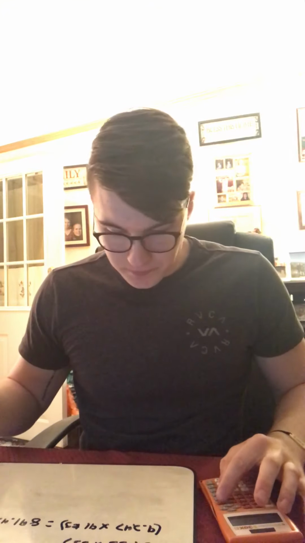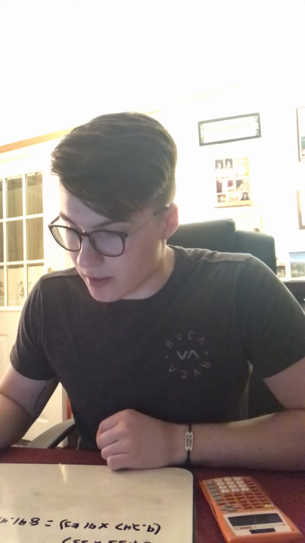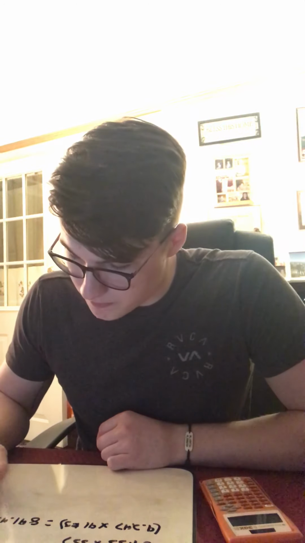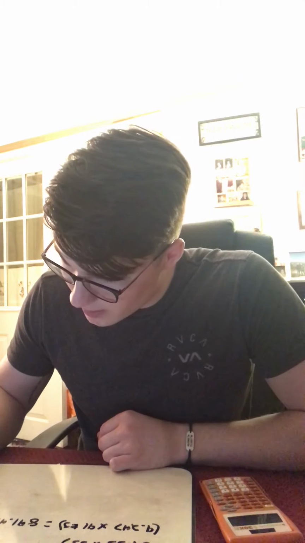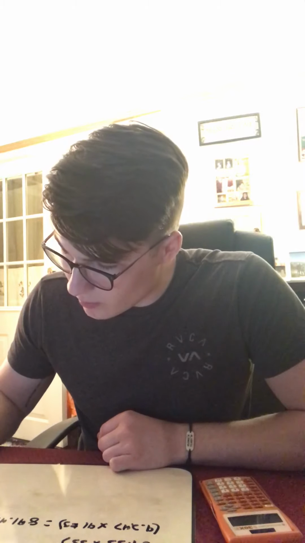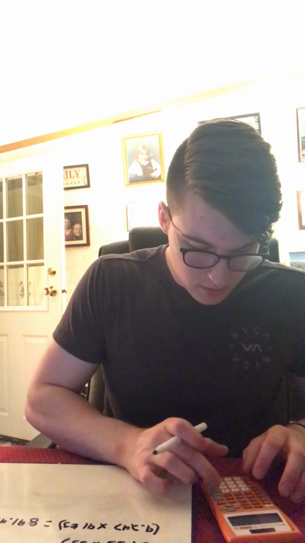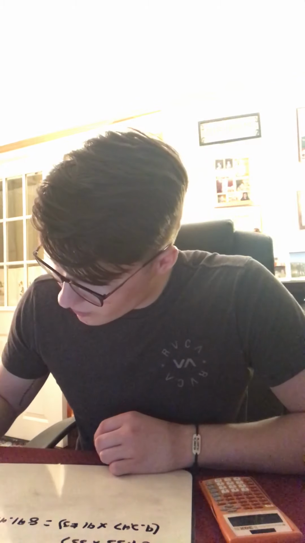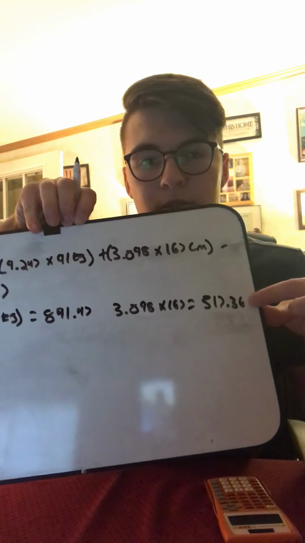So now after we get that number, we're going to multiply 3.098 times her height. 3.098 multiplied by 167, that comes out to 517.36.